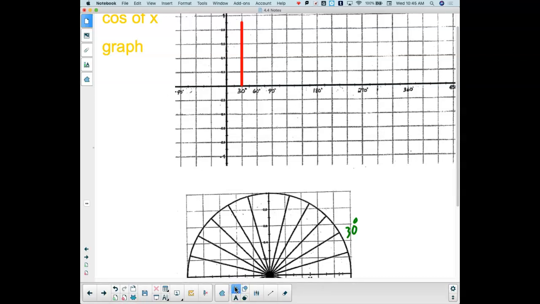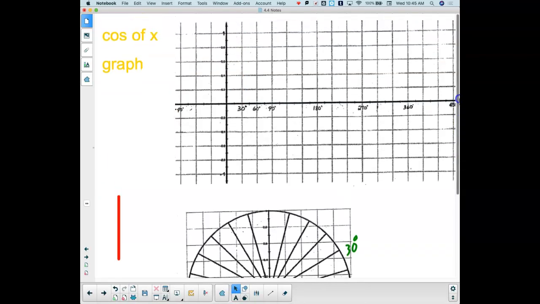So, while we're eating cookies, okay? At 0, cosine should have been up top, right? Yes. So that should have been 5 blocks up. At 90 degrees, cosine should have been 0. At 180, cosine should have been 5 blocks down.